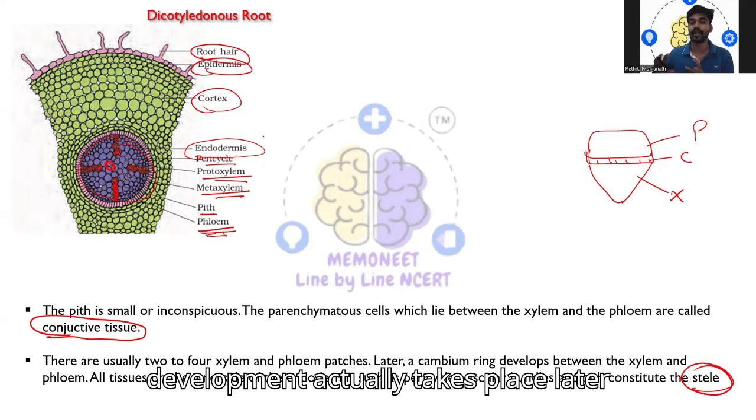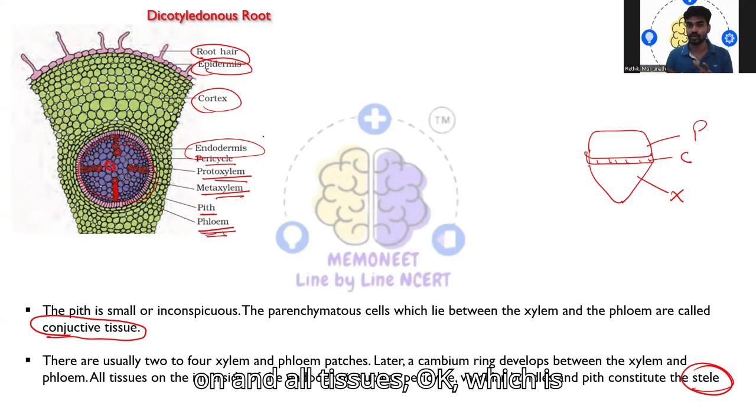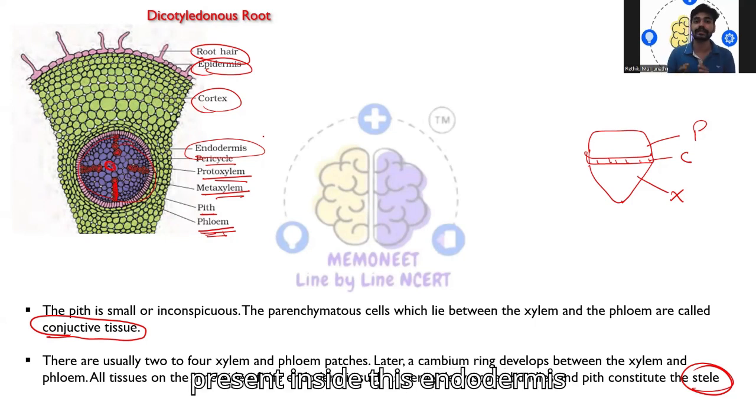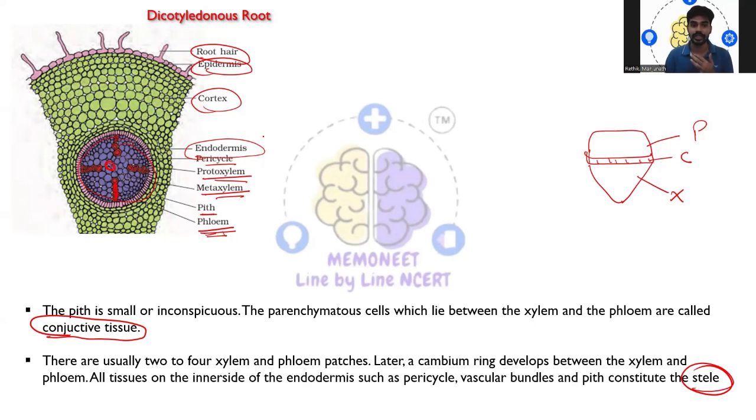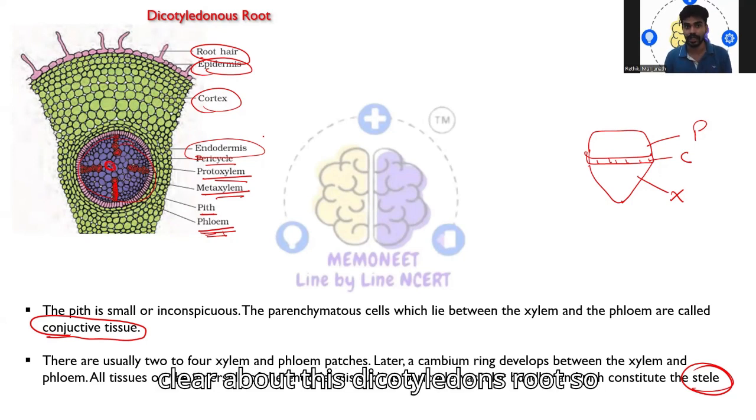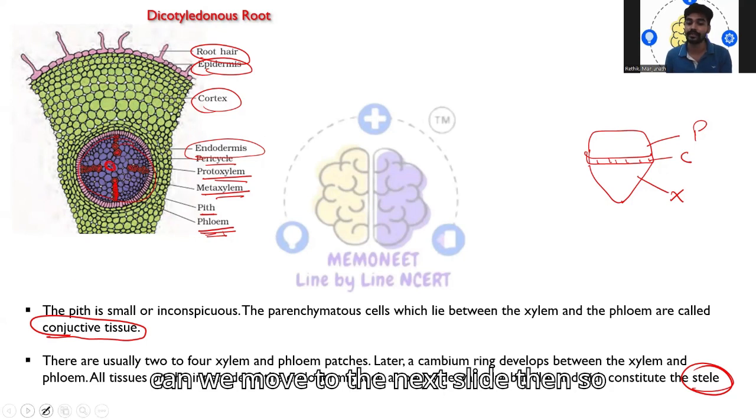All tissues present inside the endodermis, such as pericycle, vascular bundles, and pith, constitute the stele. Clear about this dicotyledon root?